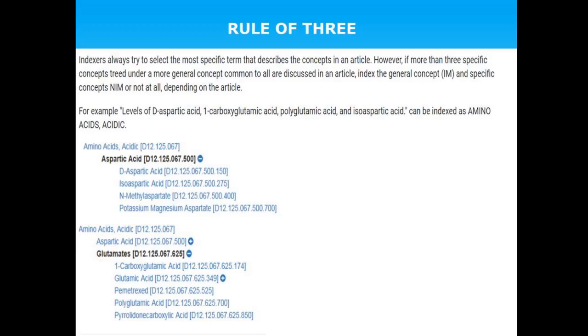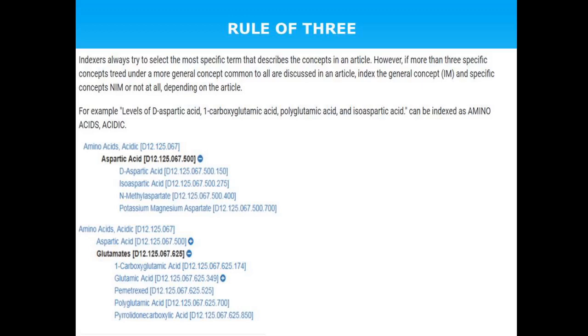If the article is talking about turtles, alligators, crocodiles and others, you can use the main term as a general one. What is the general one? These fall into the category of reptiles. So reptile will become the IM here, and turtle, alligator or crocodile will become the NIM. Automatically.